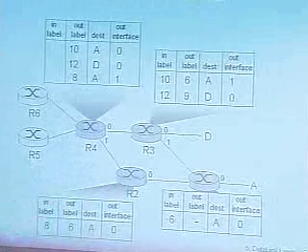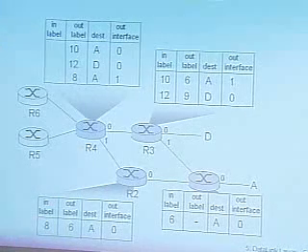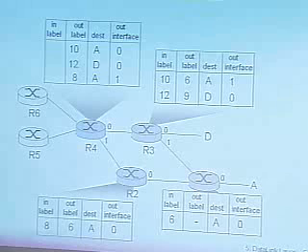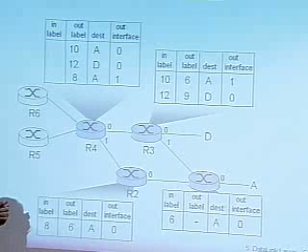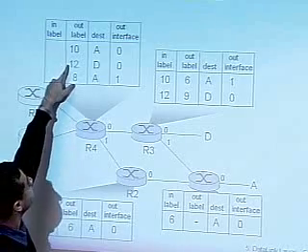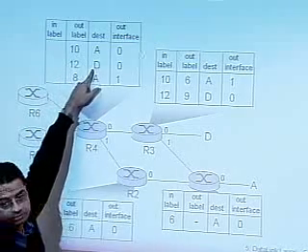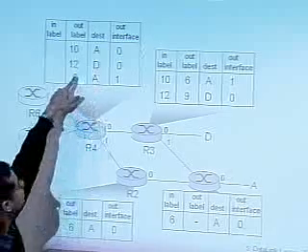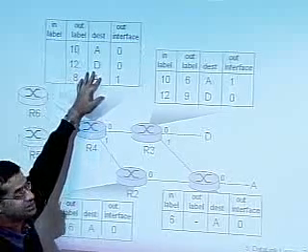But what these labels do is they create a whole virtual circuit between the ends of this MPLS network. So the outgoing label here for destination A is 10. The outgoing label for destination D is 12.